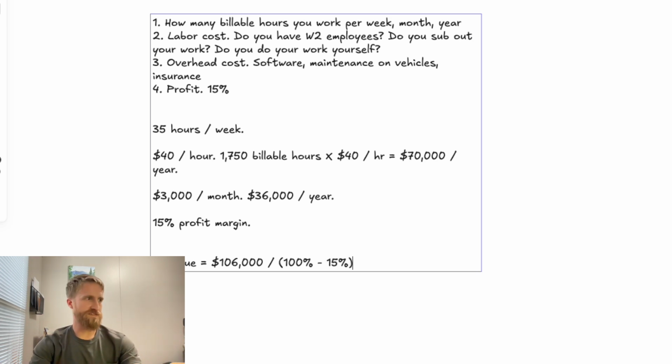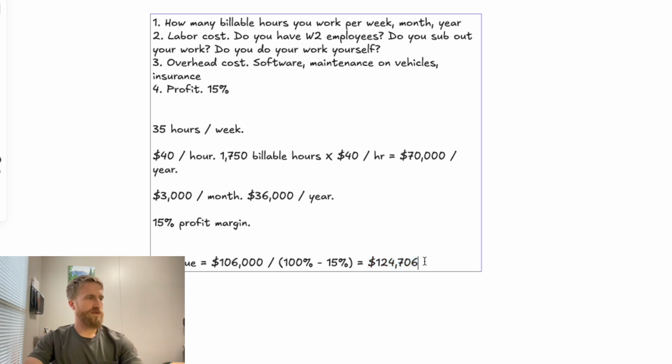That's our desired profit margin. And if we perform that, we're going to get about $124,706 per year. So that's how much that we need to make per year if we want to have a 15% profit margin on top of paying for our overhead and our labor.